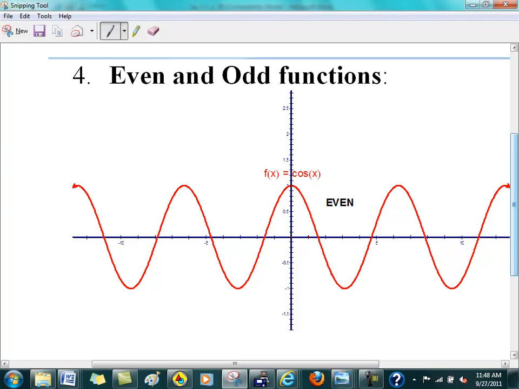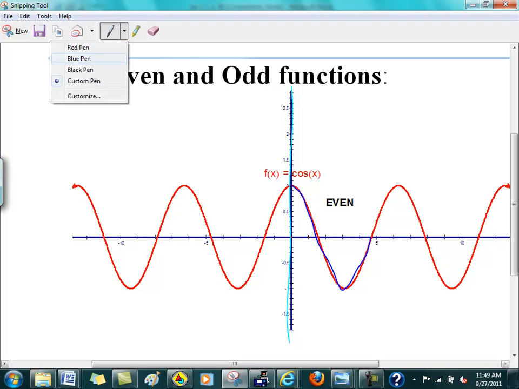So even functions have this property, okay? If you look at this piece, let's say, and you fold it over that line, in other words, you reflect it over that line, you get the other side of it.